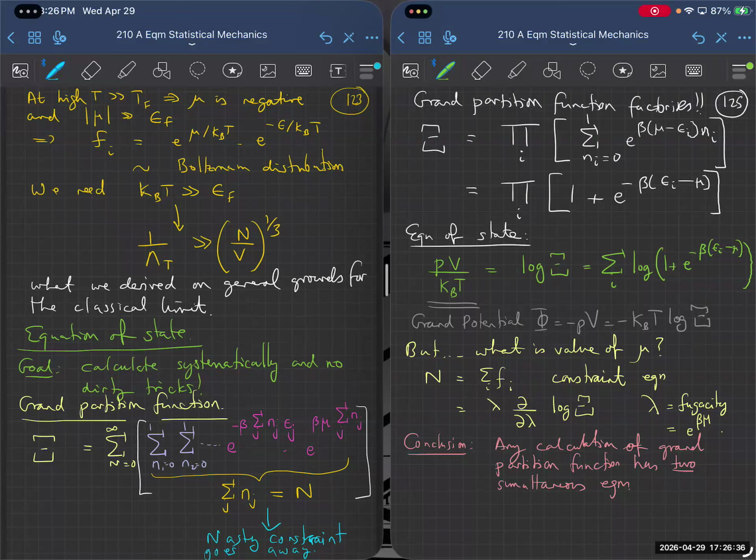The canonical distribution is hard because the constraints are there, and so it doesn't factorize. But the grand canonical distribution factorizes, and that's how I can write down these lovely equations, where it's just a very simple product of things, and then I take the logarithm, and it becomes just a sum of terms. So that's the magical effect of having the grand canonical distribution.